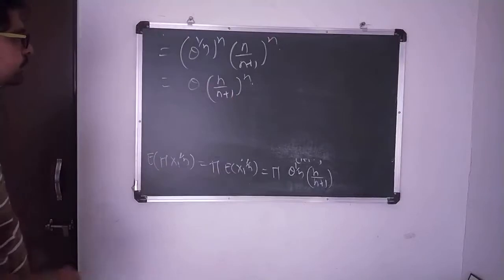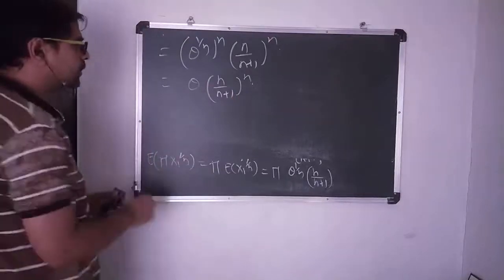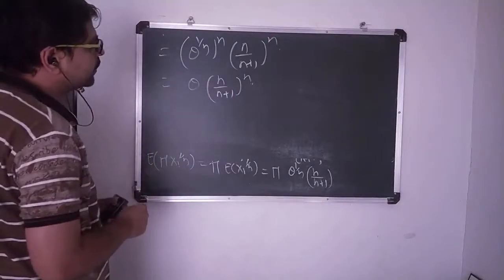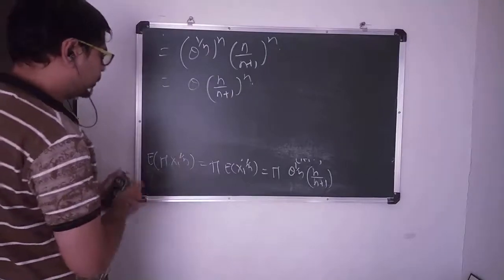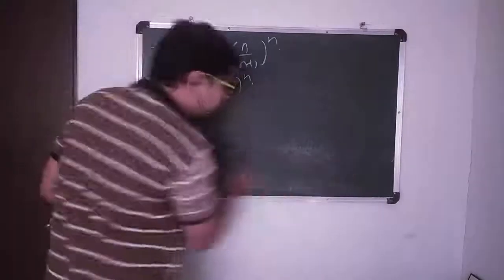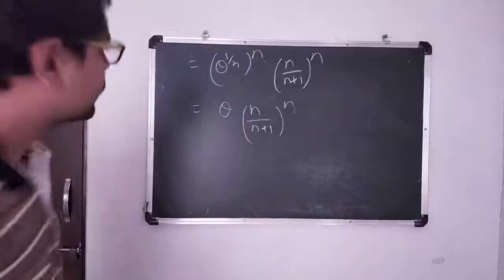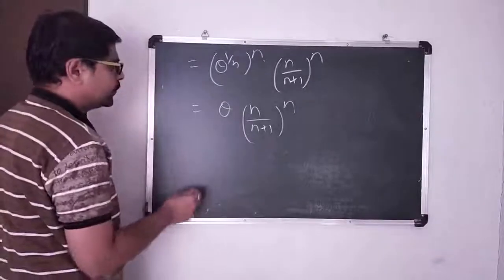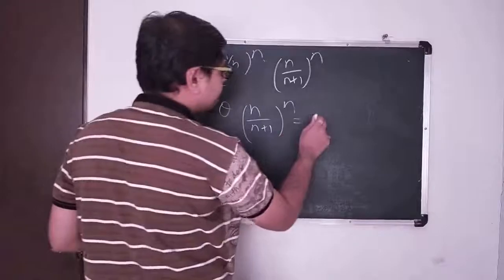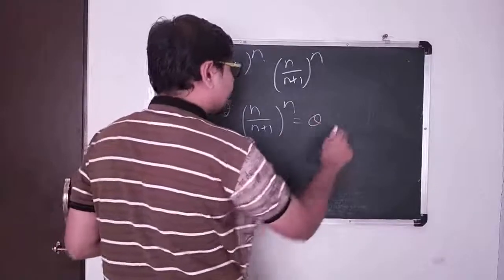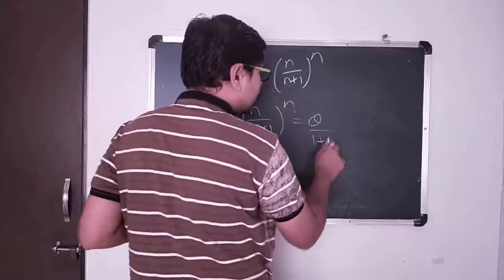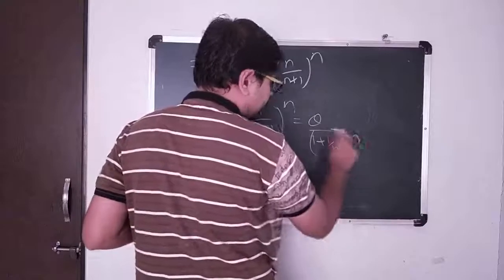So this is a biased estimator. Now we will take the limit as n tends to infinity. Before taking limits, we will simplify it as theta upon 1 plus 1 upon n raised to n.